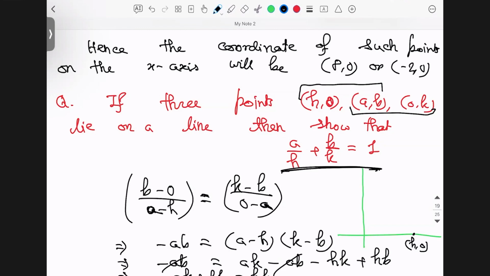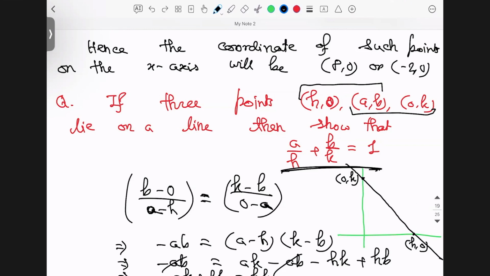So it is general. You can consider that h is a positive value. Similarly, on the y-axis, this is the coordinate (0, k). Okay. Now, from here, one can easily see we obtain a straight line, and that is saying that (a, b) will be another point on the straight line. So at this moment, just forget about this (a, b).